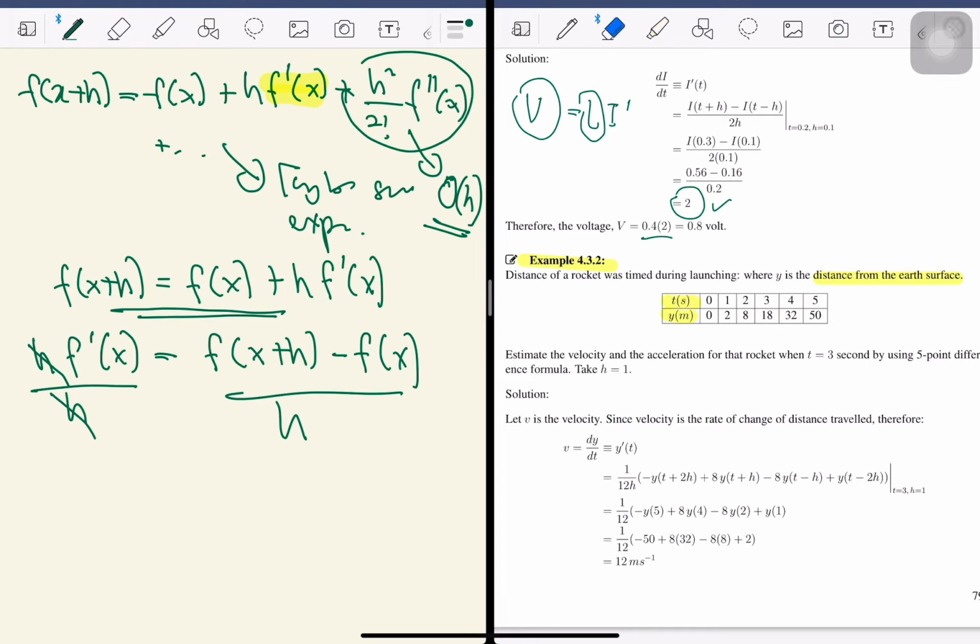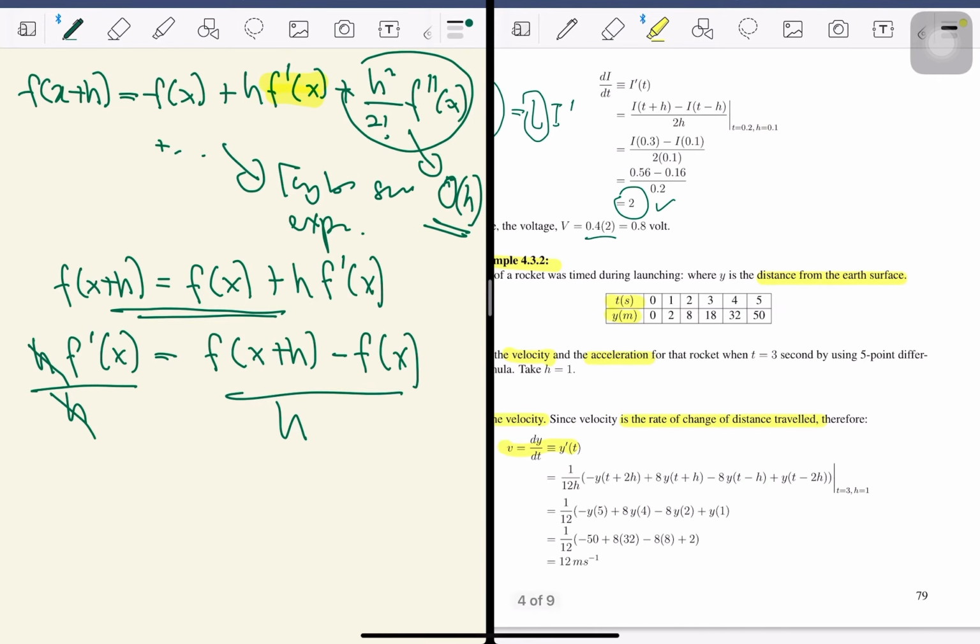But we know velocity, you learned about it, right? What are the terms that represent velocity and acceleration? How can you get velocity and acceleration? As an engineering student you are obviously familiar with that. If we let v be the velocity, since velocity is the rate of change of distance traveled, v is equal to dy/dt. Obviously this one is the first derivative.